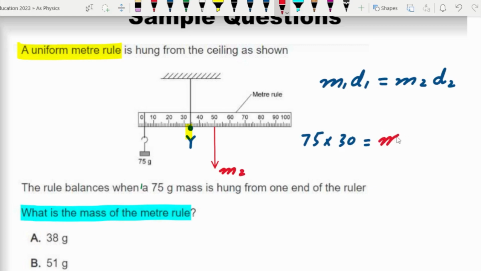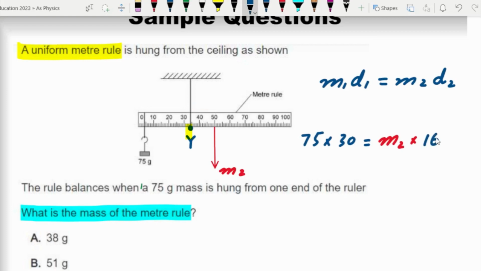M2 we need to find out, so we write it down as it is. But what is the value of D2? D2 is the distance between the second mass and the axis of rotation. It is from 34 to 50, starting at 34 and ending at 50, so it would be 16. And there is no need to convert the units.